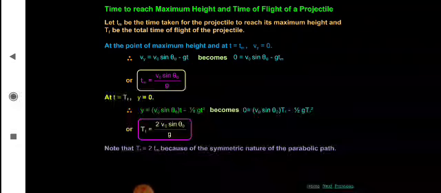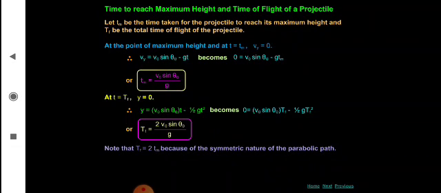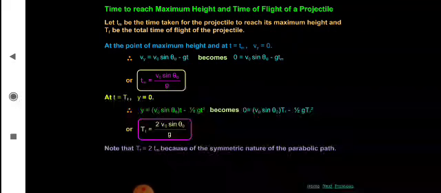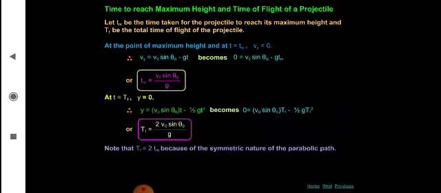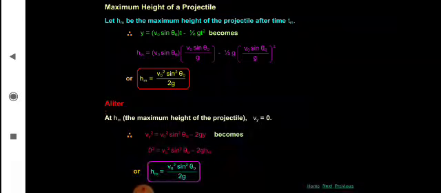This is the first equation, the time of flight of a projectile: Tf is equal to 2 times v0 sin theta naught divided by g, where v0 is the initial velocity, theta is the angle, and g is the acceleration due to gravity. Now let us go for the next one.